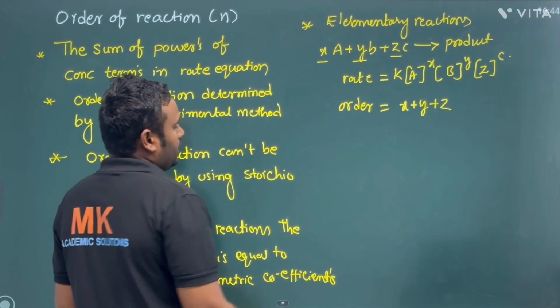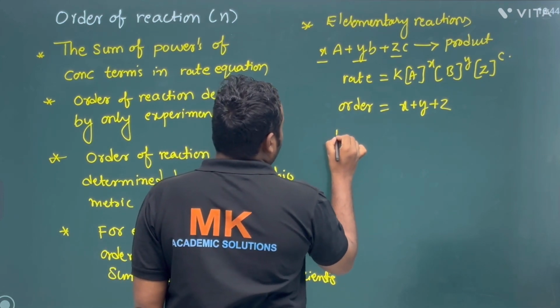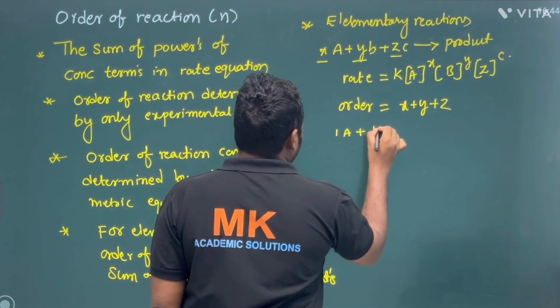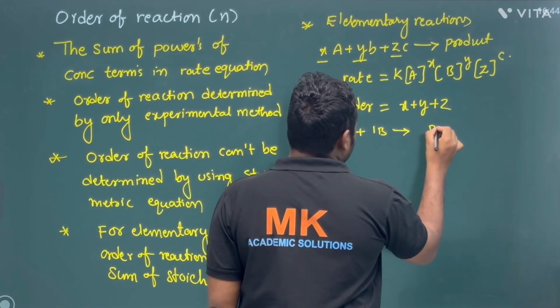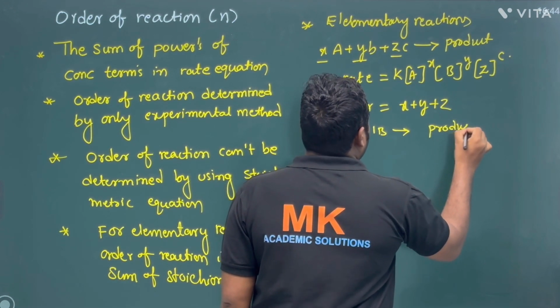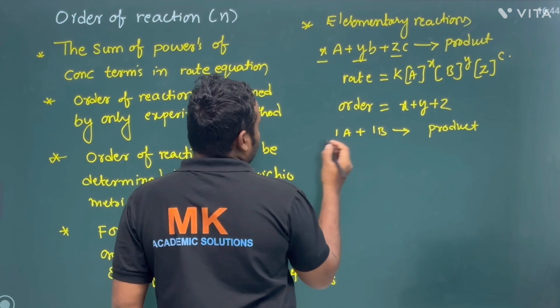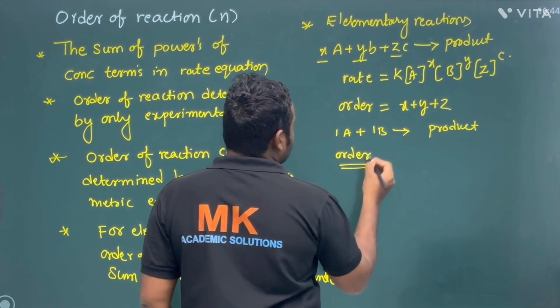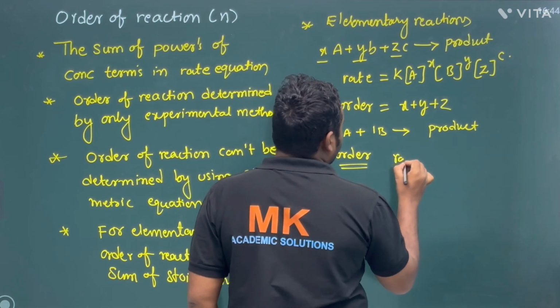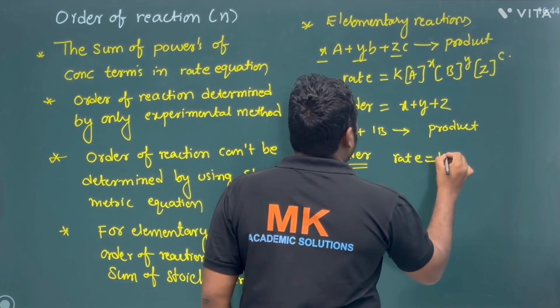Next, let us take 1A plus 1B, also an elementary reaction, giving a product. What is the order here? Simply we use the rate law.